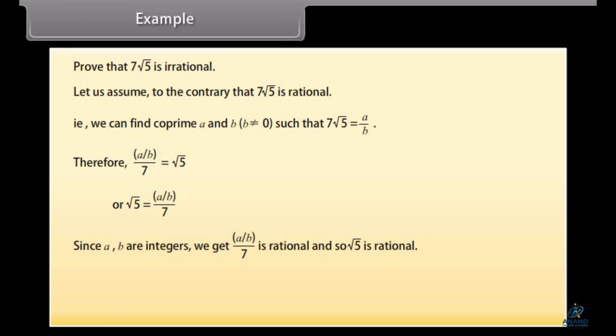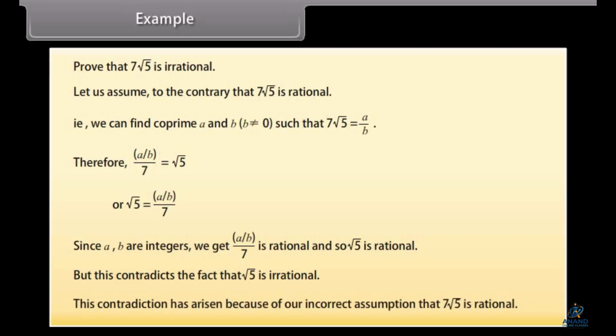Since a and b are integers, we get a upon 7b is rational, and so square root 5 is rational. But this contradicts the fact that square root 5 is irrational. This contradiction has arisen because of our incorrect assumption that 7 square root 5 is rational.